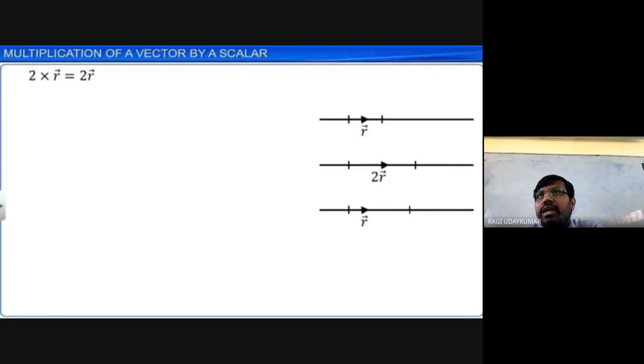Suppose you are taking this in the reverse direction, multiplying by -3 and changing the direction, so -3 into r bar. So we are multiplying the scalar -3 to the vector r bar. This is called scalar multiplication, multiplying the vector by the scalar. Okay. So this is the multiplication of a vector by a scalar.